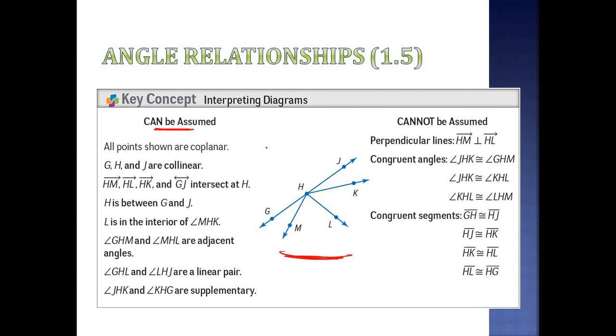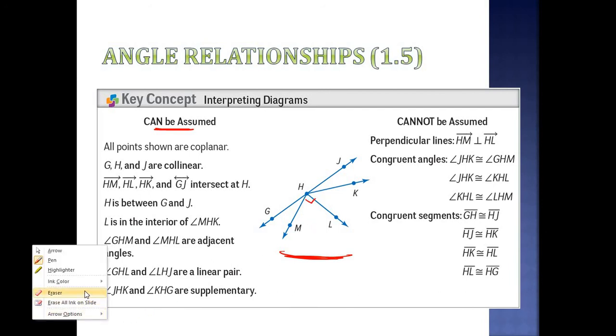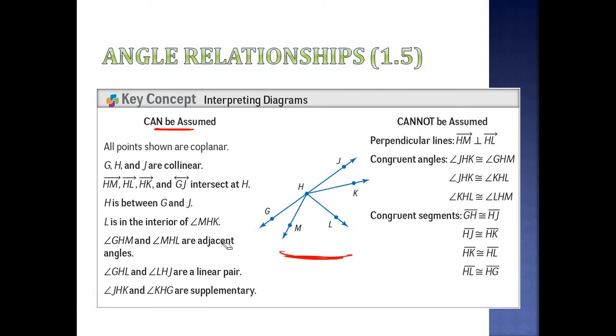But for everything that you can assume, these are some things that you cannot assume. You can't assume that ray HM is perpendicular to ray HL. You cannot assume that to be true, even though it looks it. We can't say it's true unless we have definitive knowledge of that.